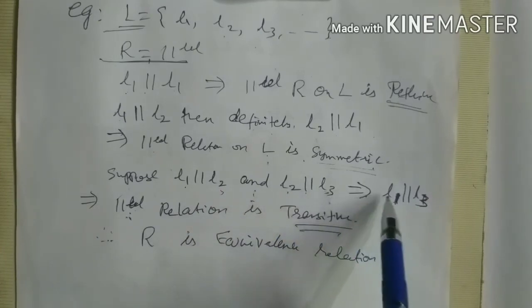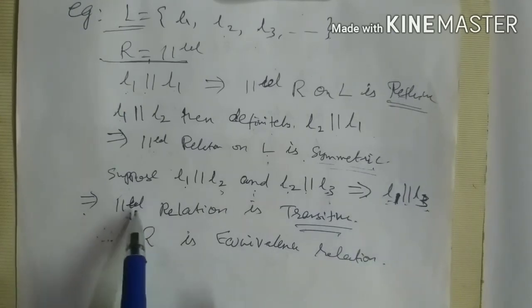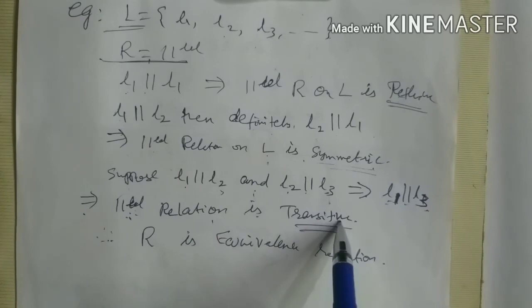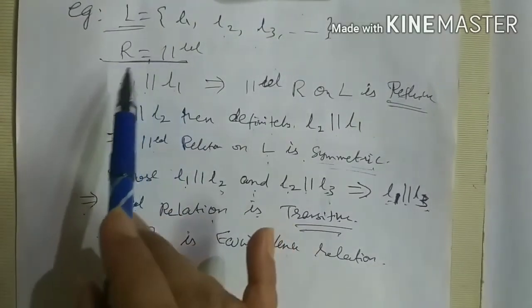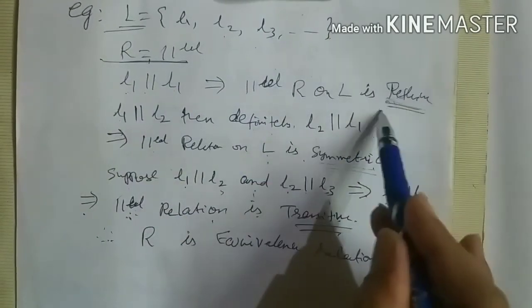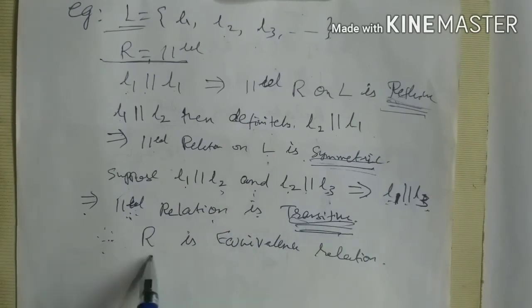That implies L1 is parallel to L3. Therefore, the parallel relation is transitive. Hence, the relation parallel on the set of lines is reflexive, symmetric, and transitive. Therefore, R is an equivalence relation.